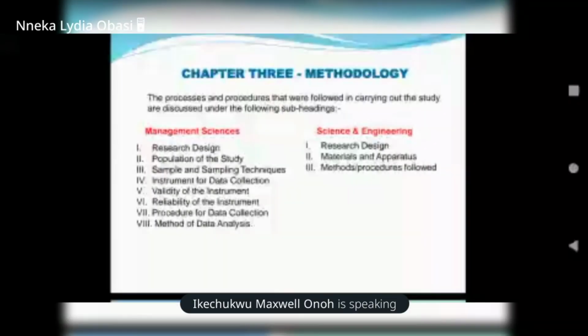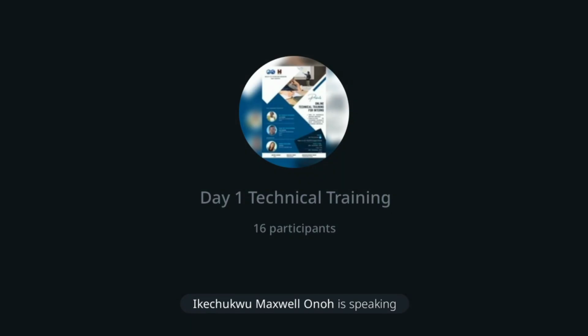Then validation and reliability of the instrument. You should make sure that whatever data you are getting is valid data, and not only valid, it must be reliable. So you must look at the source of that data. Validity and reliability are concepts used to evaluate the quality of research.